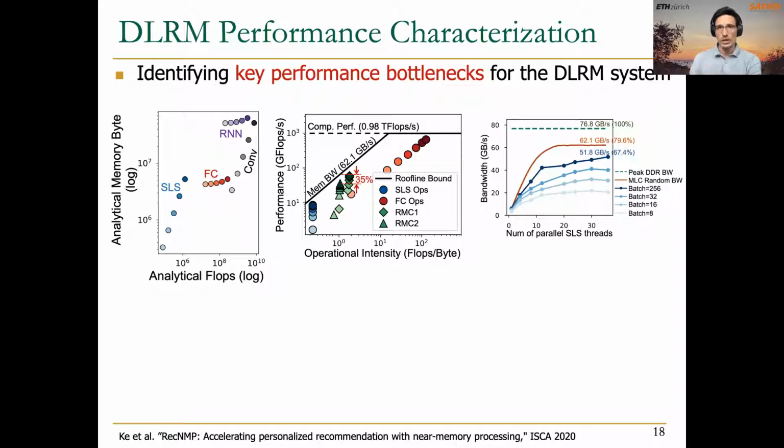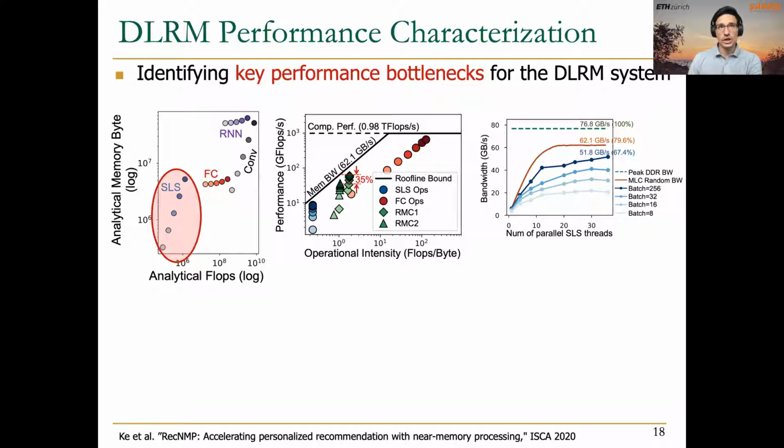We consider in these plots two different recommendation models, RMC1 and RMC2, and the operators used in these two recommendation models are SLS, the sparse length operators that I mentioned before, and FC, the fully connected layers of the DNNs.